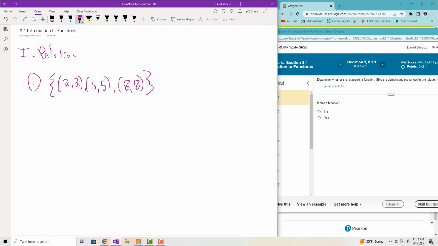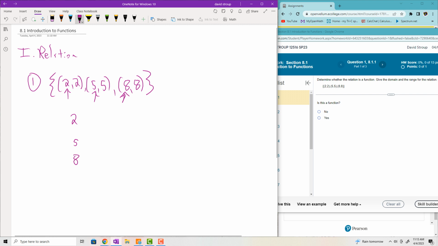So a function, in this setting, is a relation where each coordinate, the first number in the coordinate, only goes to one other number. So here the first numbers are 2, then 5, then 8.